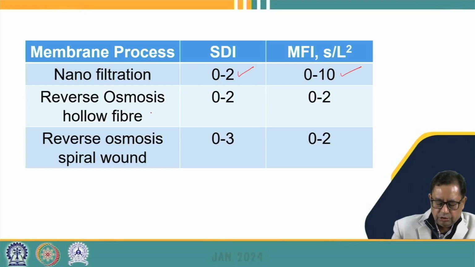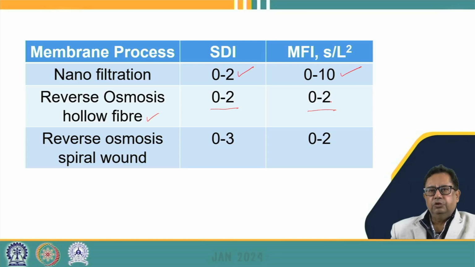For the RO process or for hollow fiber membranes, the SDI value should lie between 0 to 2, and the MFI should also lie between 0 to 2. For RO with a spiral wound membrane, the SDI may go up to 3, whereas the MFI remains between 0 to 2.